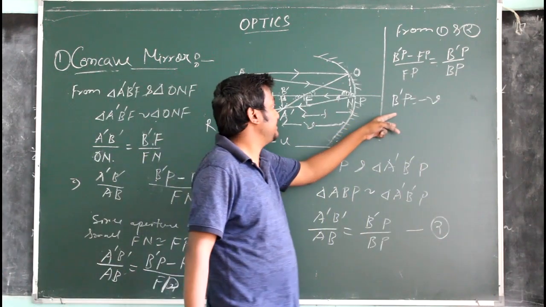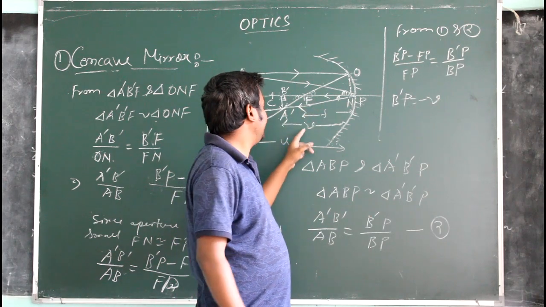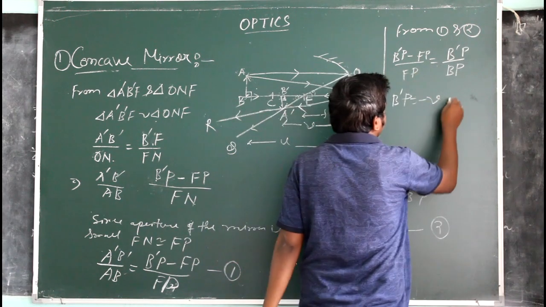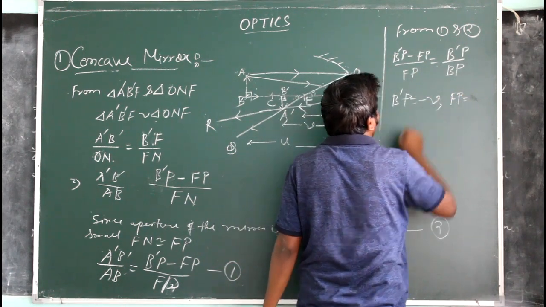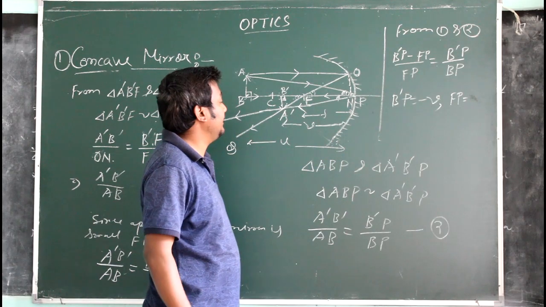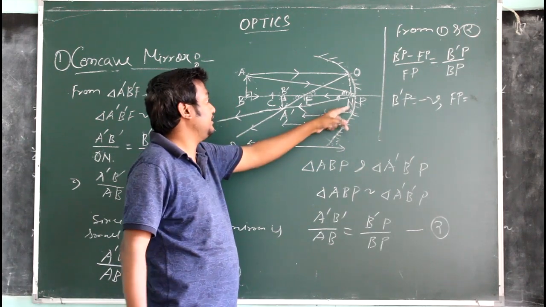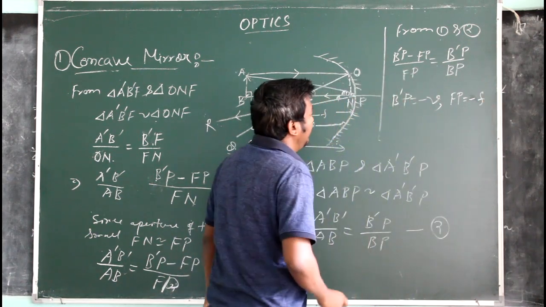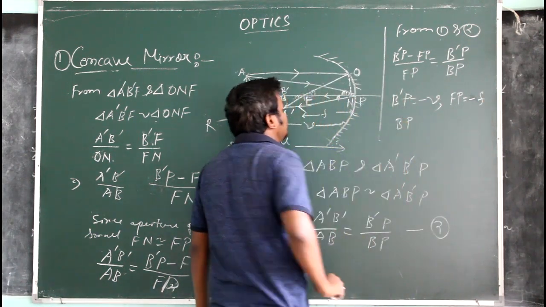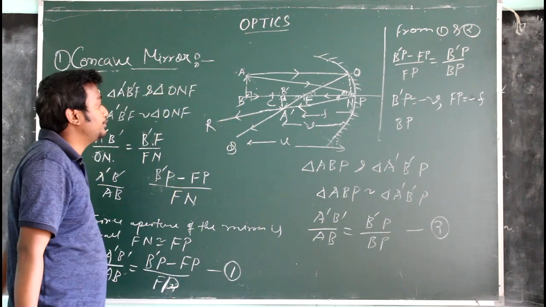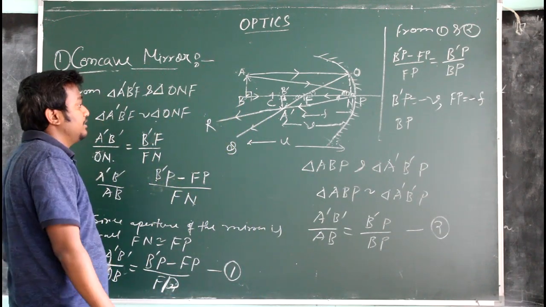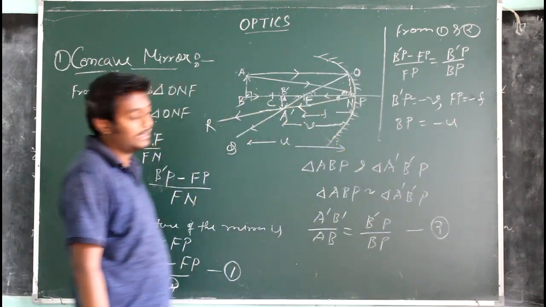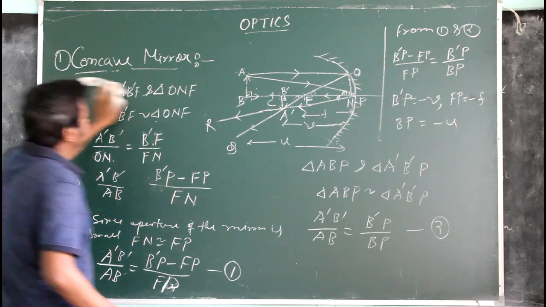FP is the focal length, measured in the opposite direction of the incident ray, so it will be minus F. BP is the object distance, again opposite to the incident ray, so it will be minus U.